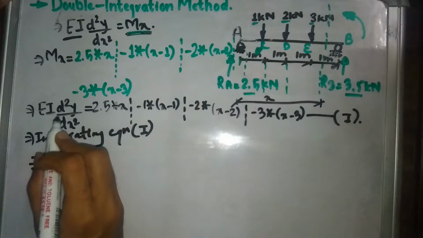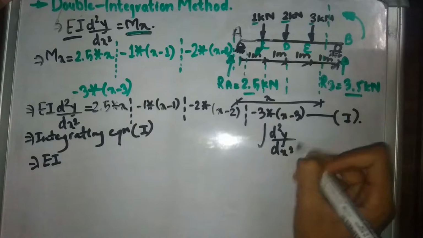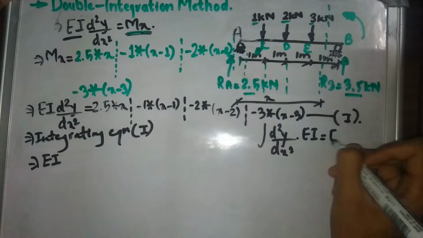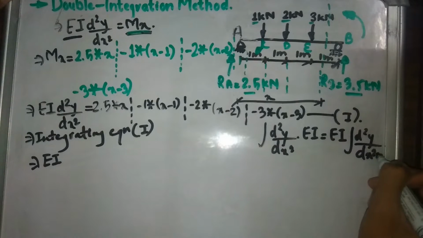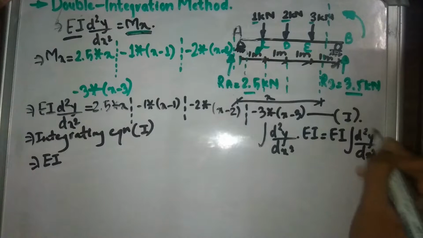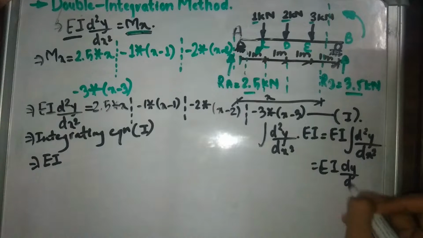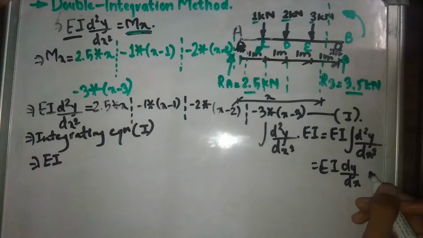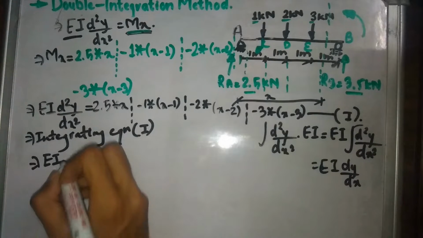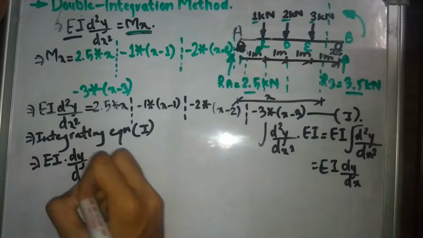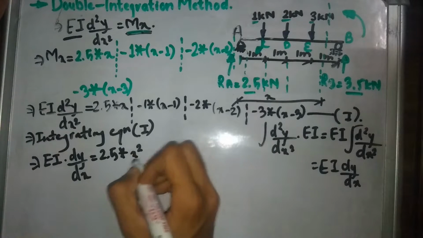If I integrate d square y by dx square times EI, since EI is a constant, it is going to come out, and d square y by dx square is going to change into EI dy divided by dx. Since I'm integrating with respect to x, the second order changes to first order under integration. This is a simple mathematical rule. So I have EI dy divided by dx equals 2.5 into x, which becomes x square by 2.